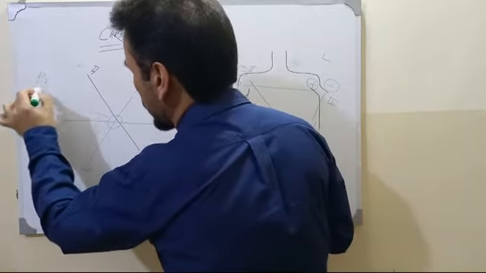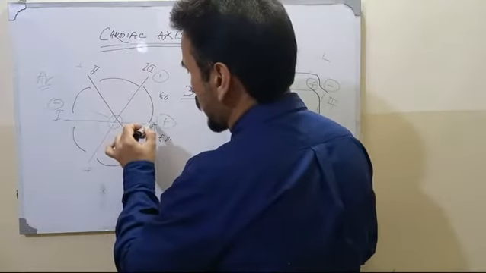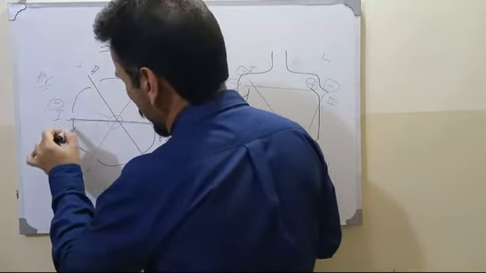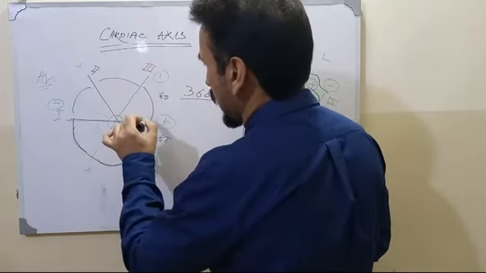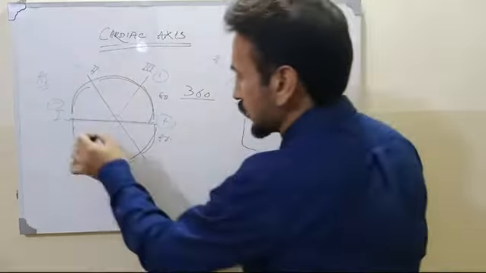This circle makes a total angle of 360 degrees. If we divide it into two parts, the lower half and the upper half, the lower half is positive and the upper half is negative. Now this is the positive pole, this is the negative pole.